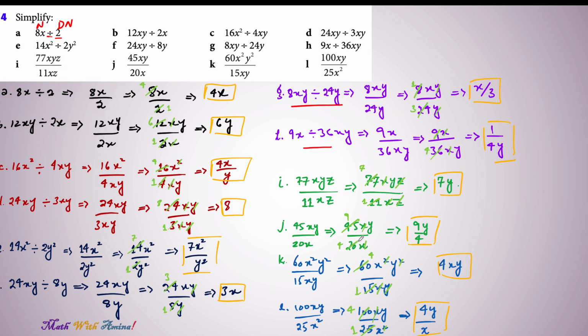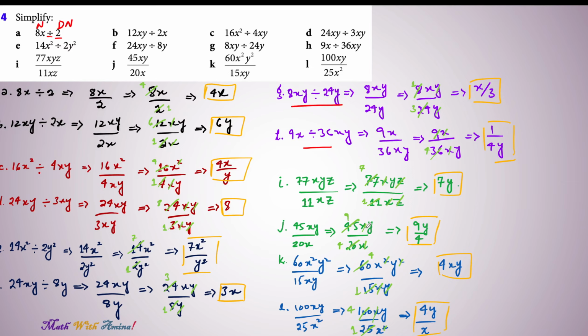We have cancelled 45 over 9 and 20 over 4, so the common term in here is 5: 5 into 4 is equal to 20, and 5 into 9 is equal to 45, so 5 is a common factor, therefore these numbers will get cancelled.